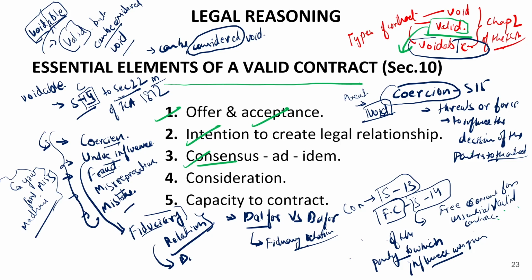Fraud means providing anything in a deceitful manner by saying that this is something, and when we come to know that it is something different. You might have seen various instances where, when we order something from Flipkart or Amazon, you get an entirely different product from what was expected.